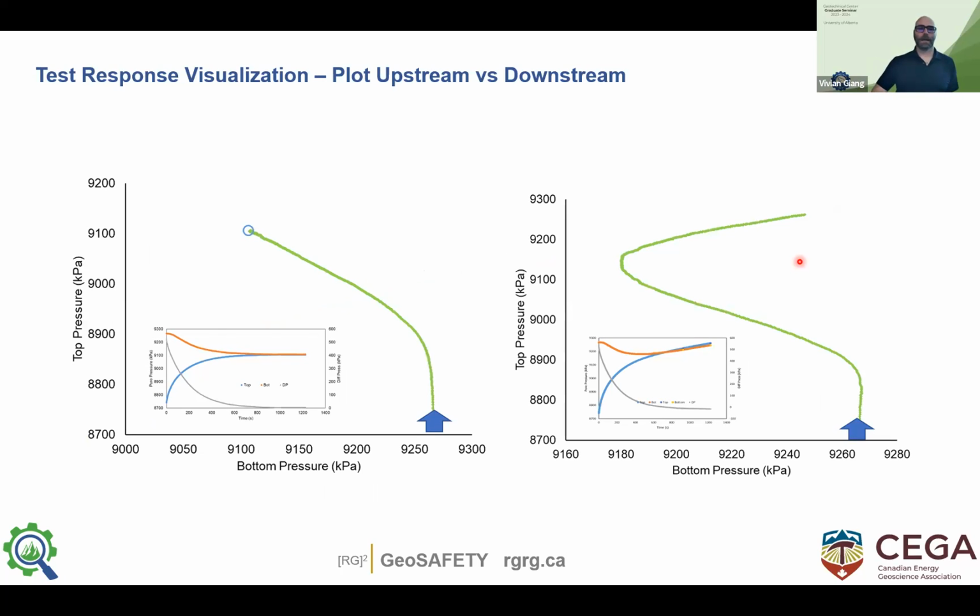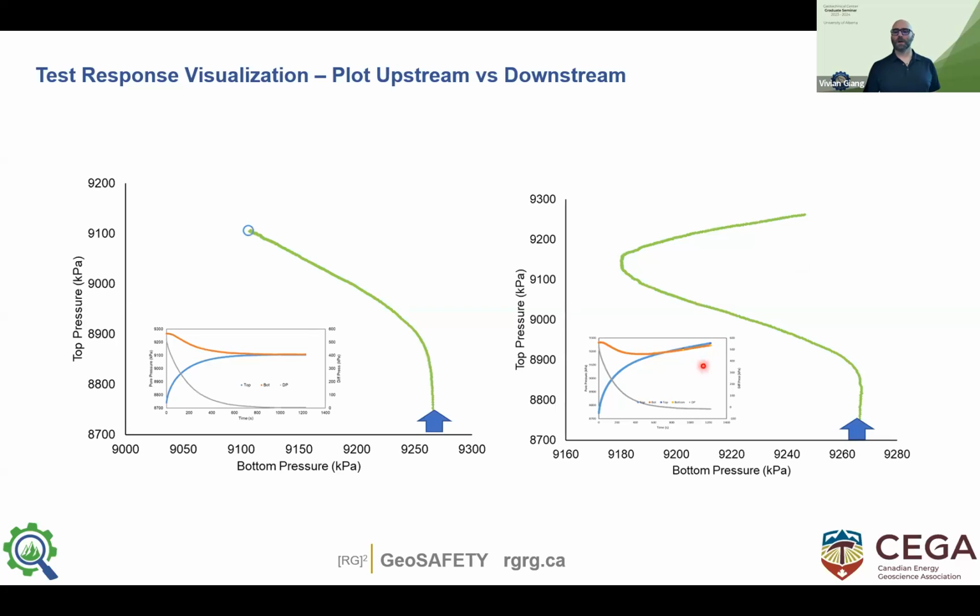A really nice way to plot this test while you're doing the test is to not plot with time, but plot bottom pressure versus top pressure. You can do this while you're doing the test, but I also use this while I'm doing the data analysis. It's really easy to see if you have a leak in your data. So two tests: on this one here, there's no leak in this data set, and over here, there's a leak in this data.